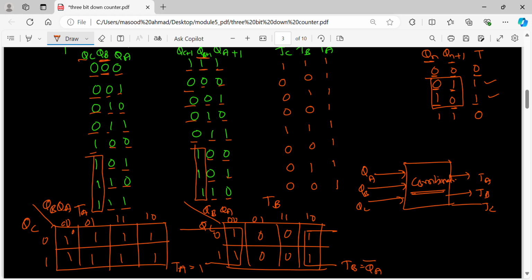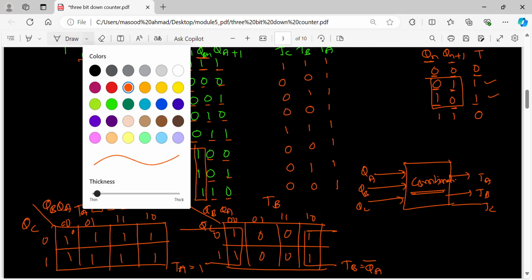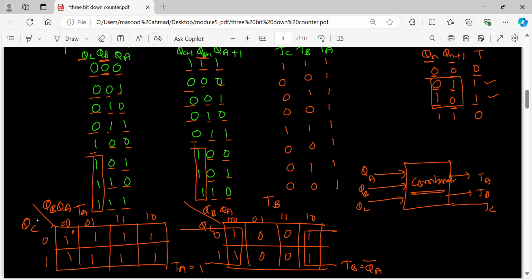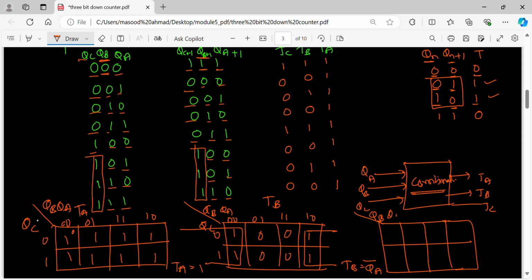Next I will take another K map. We are going to draw the K map, and from it we are going to get the expression for TC. This is your QB, QA, and this is your QC.